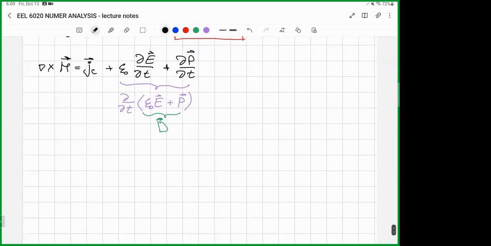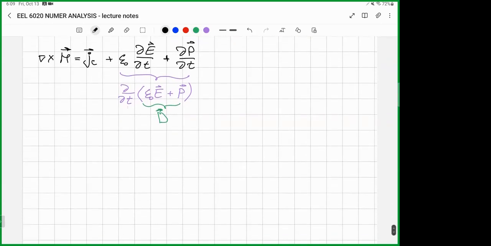So finally, I can write the Maxwell equation for the curl of magnetic field in this form, dD over dt.